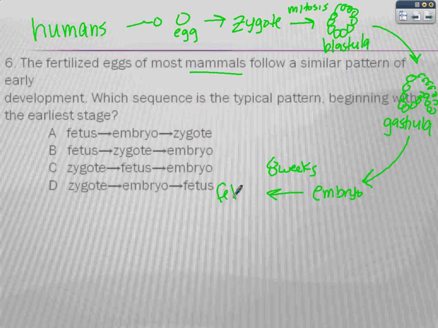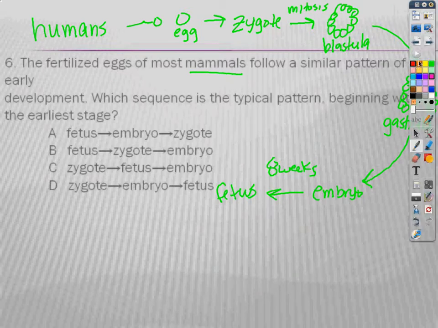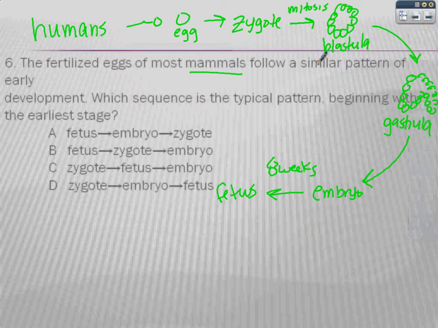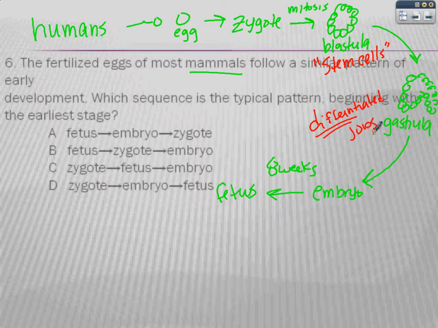And that embryo, after 8 weeks, becomes the fetus. Now that's a lot more information than we need for this question, but I want you to remember that blastula, that's stem cells. They have no function yet. Gastrula, they are differentiated. They have different jobs at the gastrula stage.